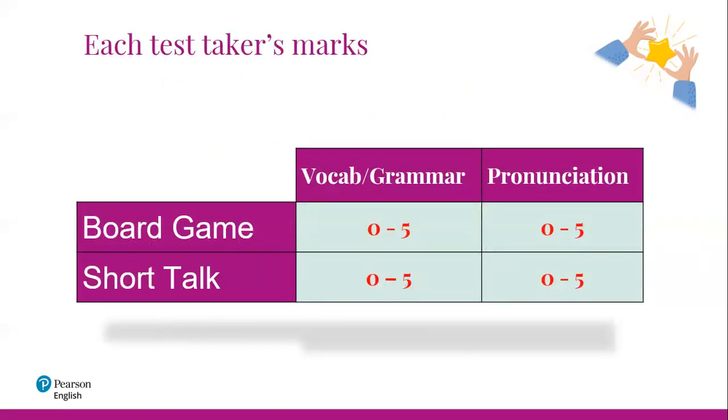So 4 marks for each test taker, 4 marks that you put into the oral mark sheet after the oral test. If you have 5 test takers in a group, that means that you have to award 20 marks altogether, right? So 4 marks each test taker.